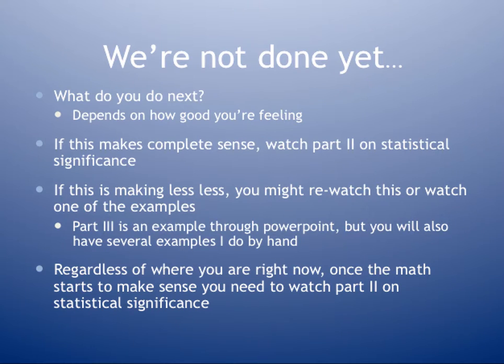If it makes less sense, you could rewatch this to get conceptually where it's at. Or you could watch one of the examples if math is more the problem. So if you really don't even understand why we're doing chi-square, you might want to rewatch this video. If it's really the math that is messing with you, watch one of the examples. That would be part 3. If you want to see a PowerPoint, or if you want to see me do one by hand, then you can find that.